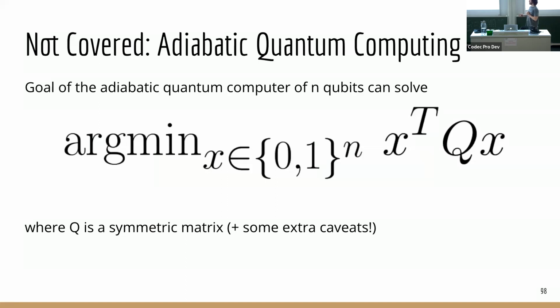And what it will do is return an X that will produce the minimum value here across all possible X's with entries 0 and 1. And this is the tip of the iceberg with adiabatic quantum computing, but this is the general idea for what this type of computing can accomplish.